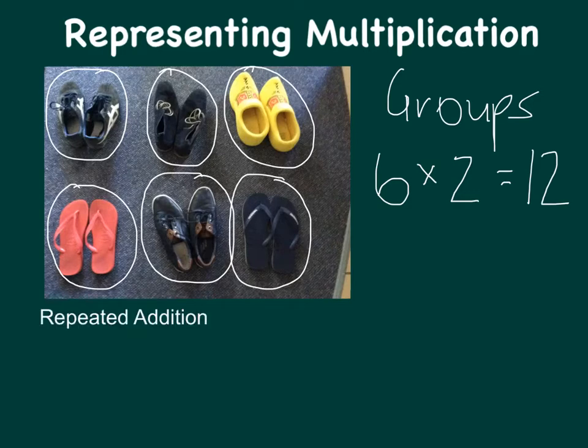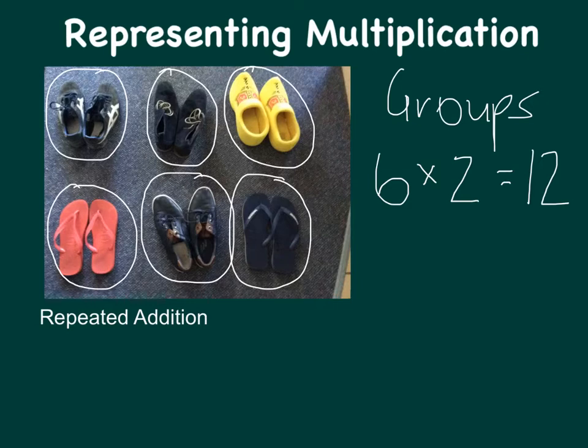Now on the bottom of the screen here, I've given it another title, and that's called repeated addition. What that means is we're simply adding on each of the groups. So this time, how many are there in each group? There are 2 shoes in each group.